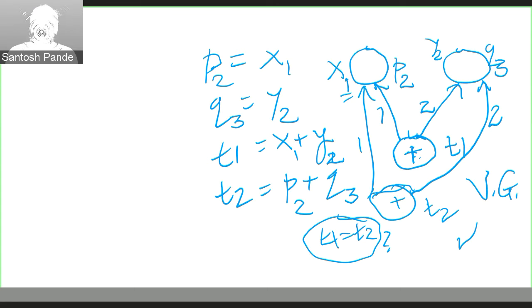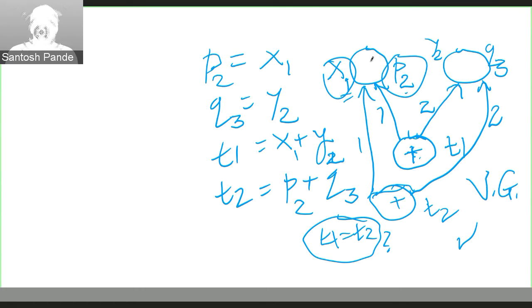The second test is whether the respective operands on their corresponding edges are congruent or identical. So what is T1's first edge operand? It goes to this particular label, and that is X1. So it corresponds to this label. And T2's first operand is P2.